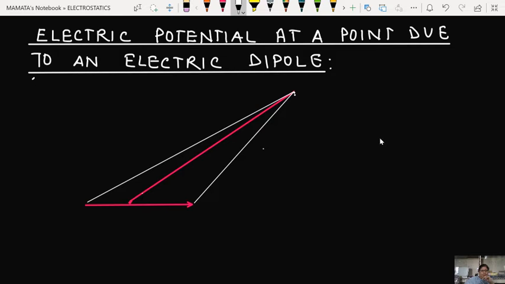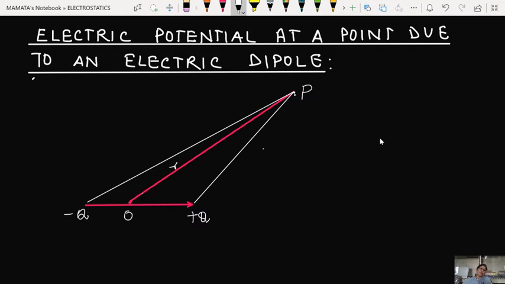Here the minus q charge is at point A and the plus q charge is at point B, and this is the midpoint of the dipole, O. P is the point at which we have to calculate the electric potential due to this dipole, situated at distance r from the midpoint of the dipole.